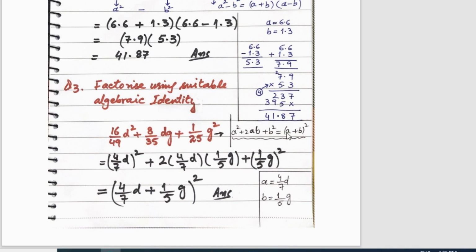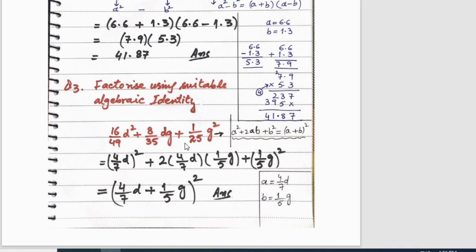Now we can move towards the right side of ID1, a plus b whole square. Just pick up a, which is 4 over 7d, from here or from here. Just pick up b, which is 1 over 5g, from here or from here. Write the a and b terms over here. Look at the sign with 2ab. What sign is there with 2ab? Plus. Write down plus over here and close it in the form of a square. And these are the factors of the given expression.